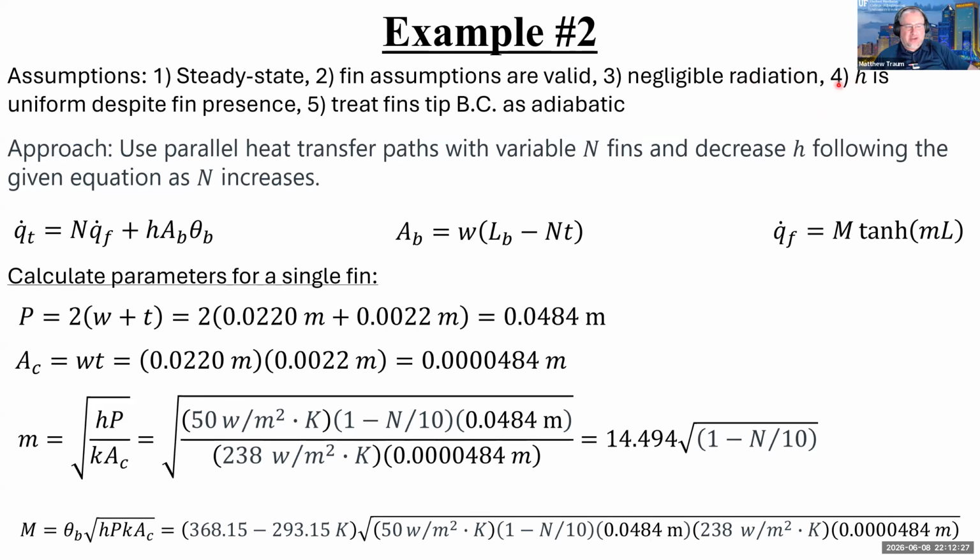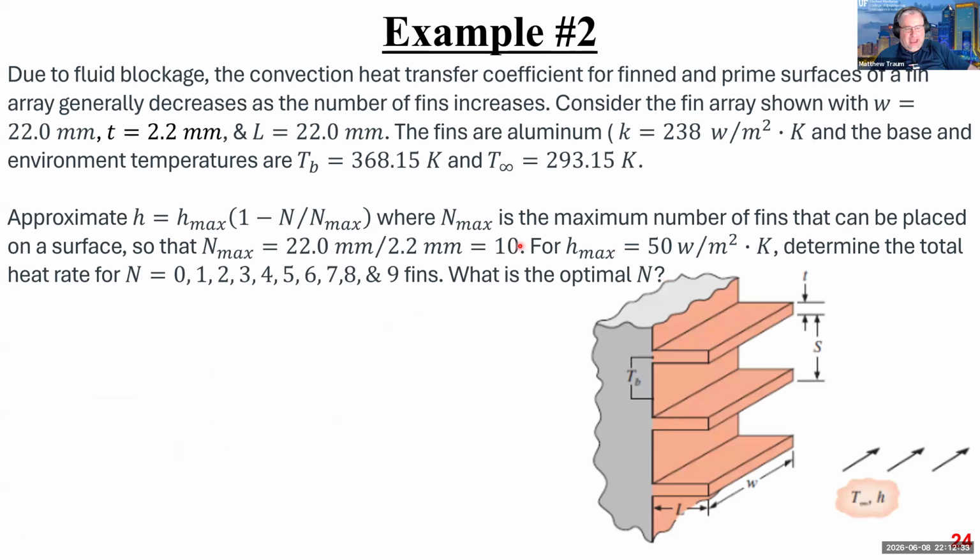We're going to say that h is uniform despite the presence of the fins, right? So I'm going to get a reduced value of h per this equation. But once I have that value, I'm going to assume that it's the same across this surface, the tips. It's basically the same everywhere, right? Probably not true in the real world, because these things are going to form boundary layers and the boundary layers are going to combine and slow the flow down.